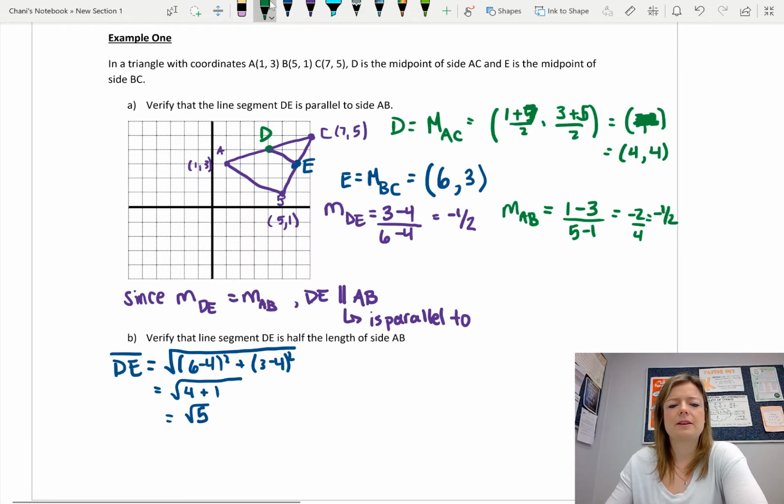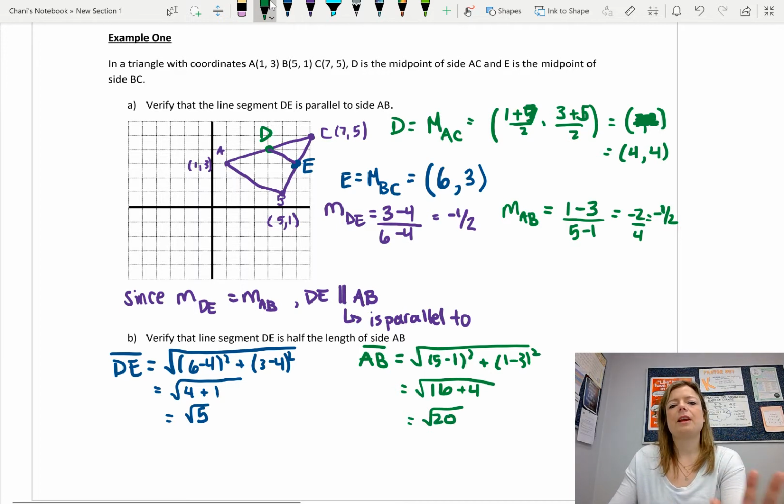Okay, so now let's find the length of AB. Notice I'm using my notation here. Okay, so again, subtract the x values, squared, subtract the y values, squared. So you get 4 squared, which is 16, and negative 2 squared, which is 4, and you get the square root of 20.